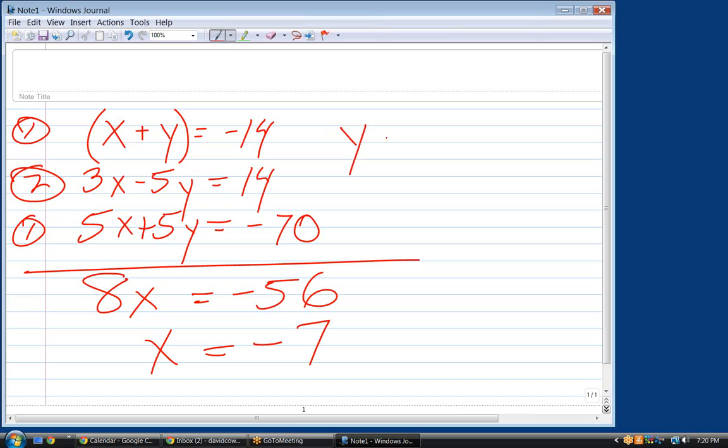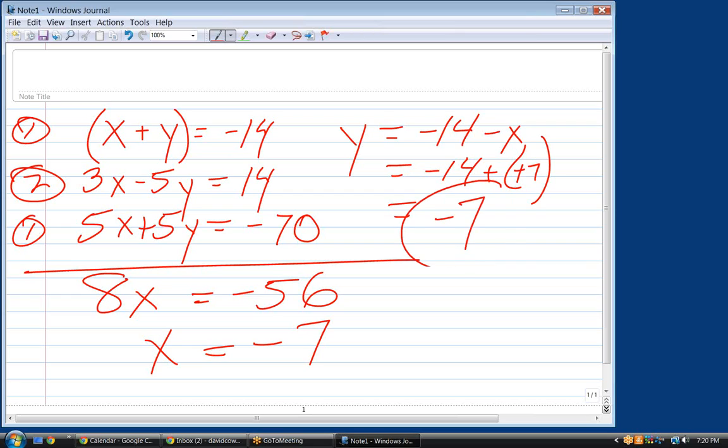Well, y equals minus 14 minus x, right? So what is that? So that's y equals negative 21. No, these two negatives make a positive. Plus, so negative 7. Okay. So both x and y are equal to negative 7.